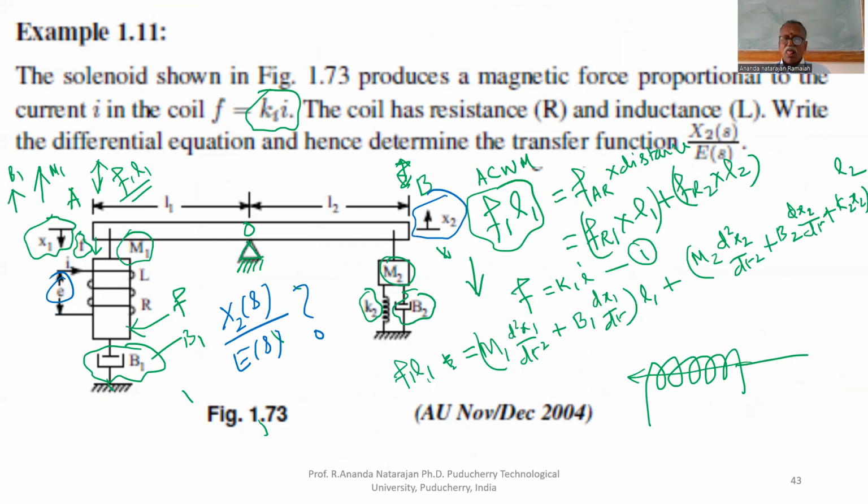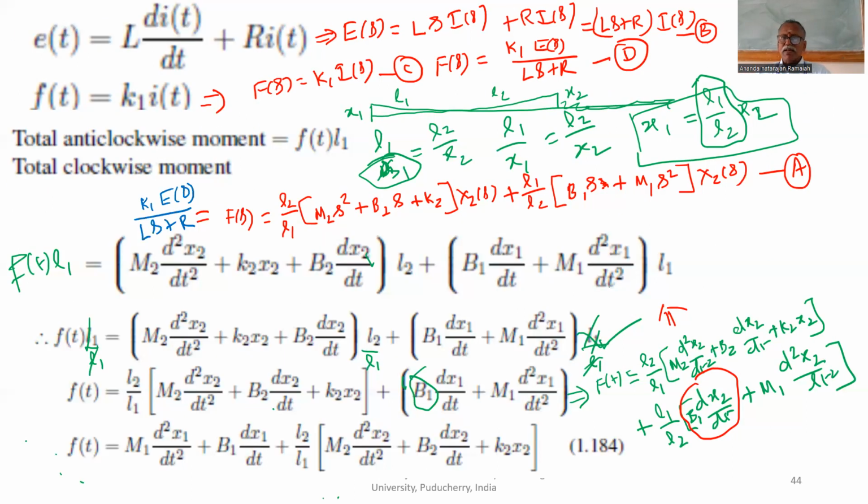So here, x2 of s is available on the right hand side, and E of s is available on the left hand side. What we have to find? Output by input. Therefore, x2 of s upon E of s equal to, this will come down.